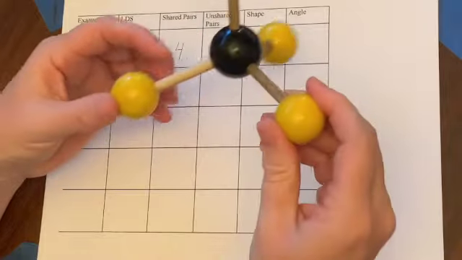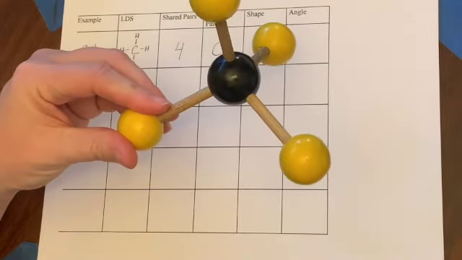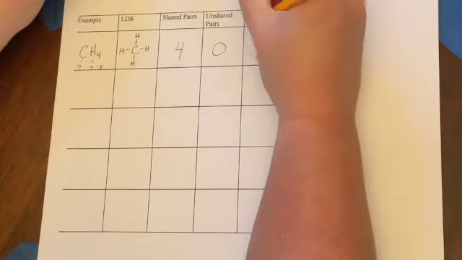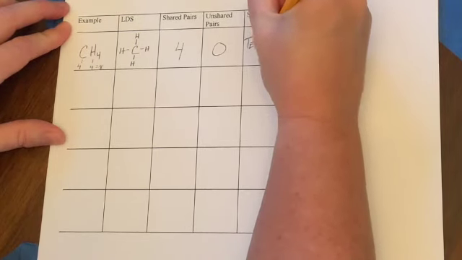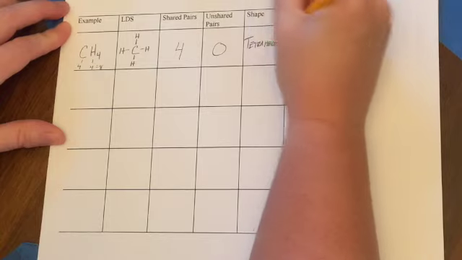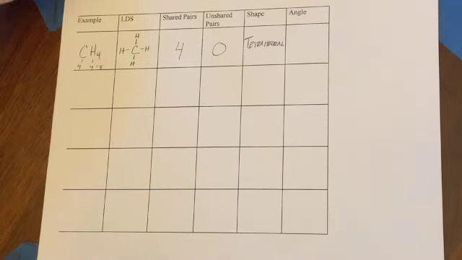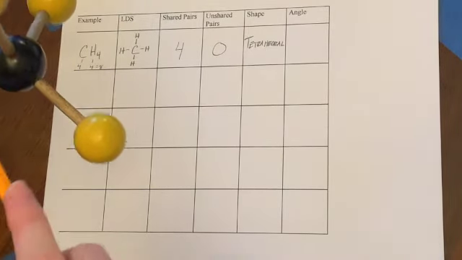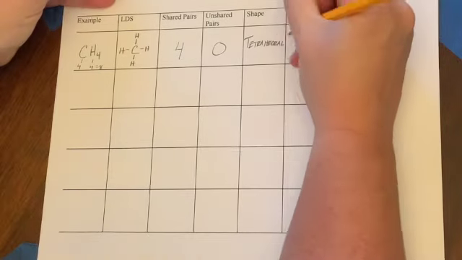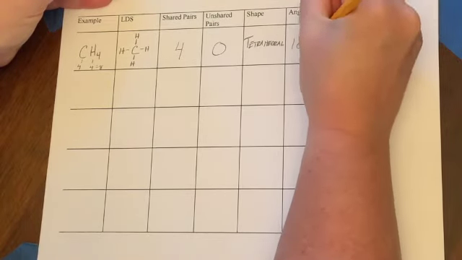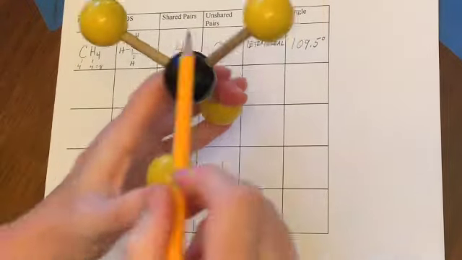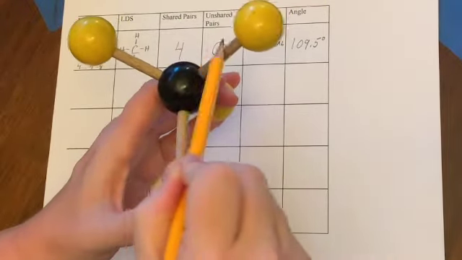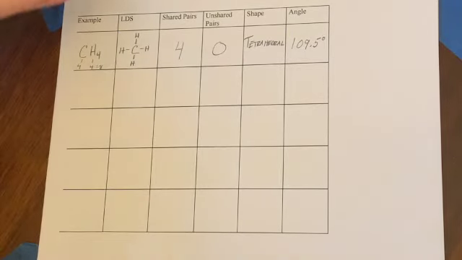This shape is called a tetrahedral shape. Let's get that down. That is a tetrahedral shape, and the angle between these bonds is 109.5 degrees.